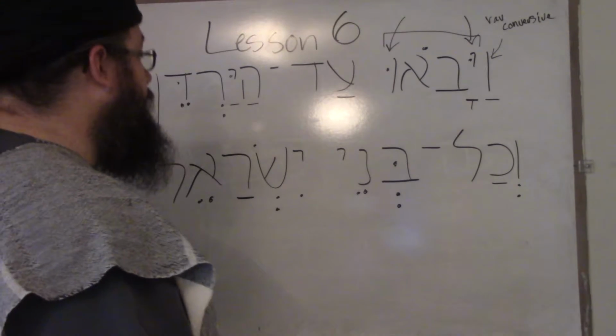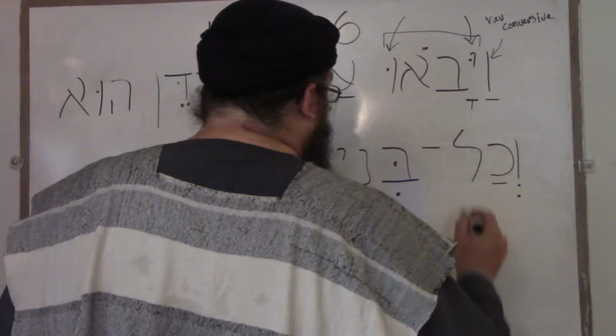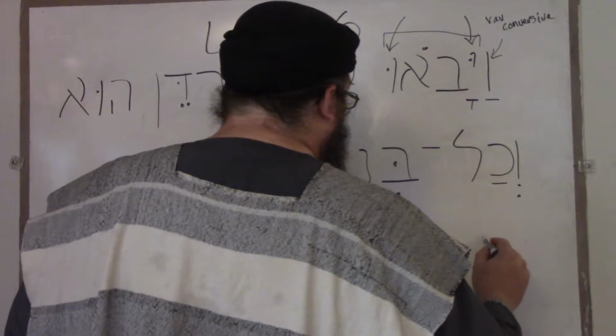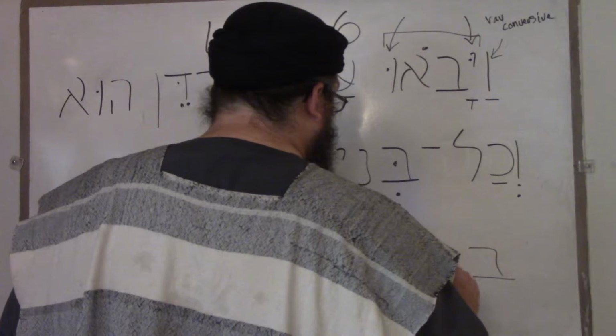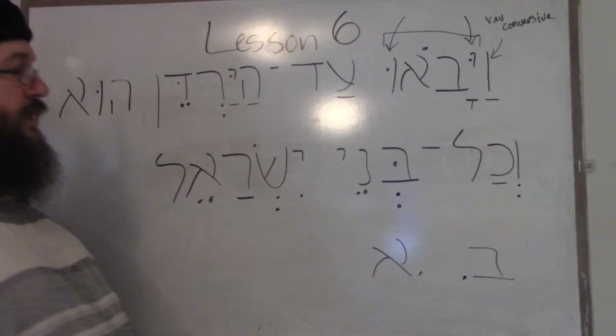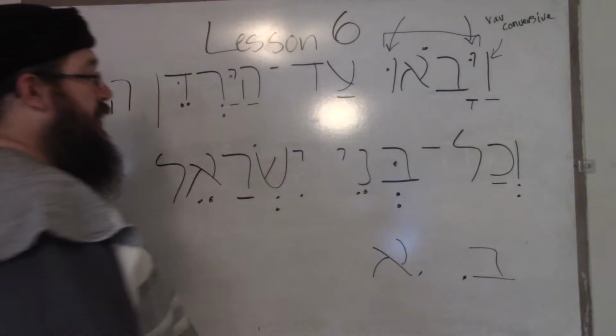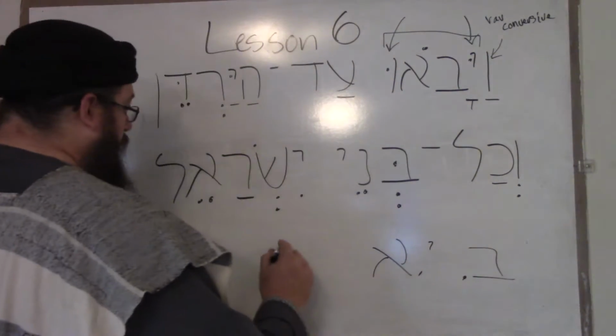Okay? So, which one is the root here? Well, if we go to the chart, let's first pull out the roots. We know the first root, we know the second root, so we have two possibilities. Is it a Yud or is it a Vav?